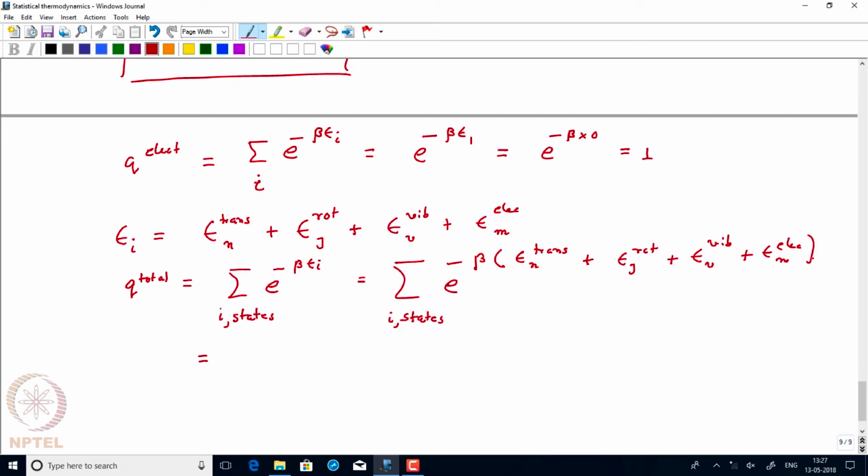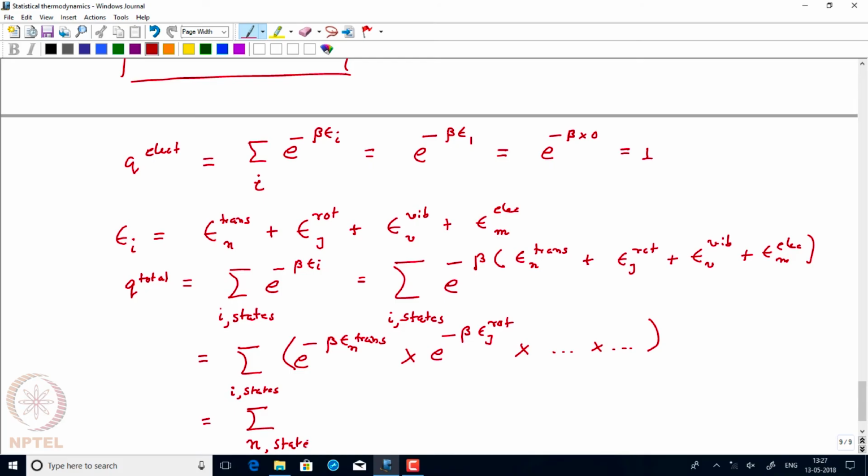Now we can write this in the next step as a sum over states of e to the power minus beta epsilon n translational, times e to the power minus beta epsilon j rotational, times vibrational, times electronic, and then we can separate these terms. So we write them separately: we take the sum over n first, which is basically the translational part.